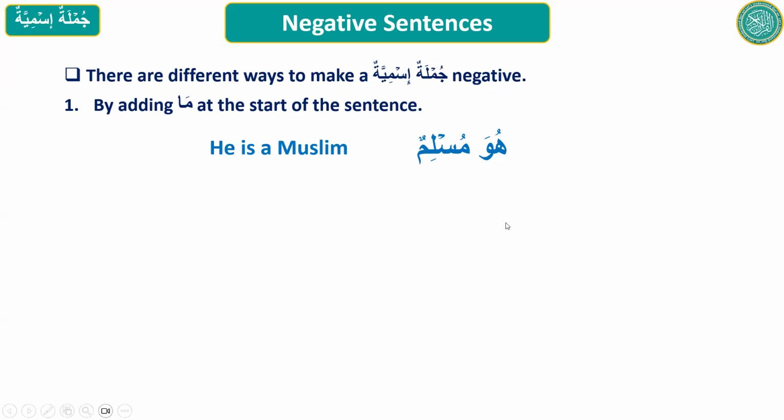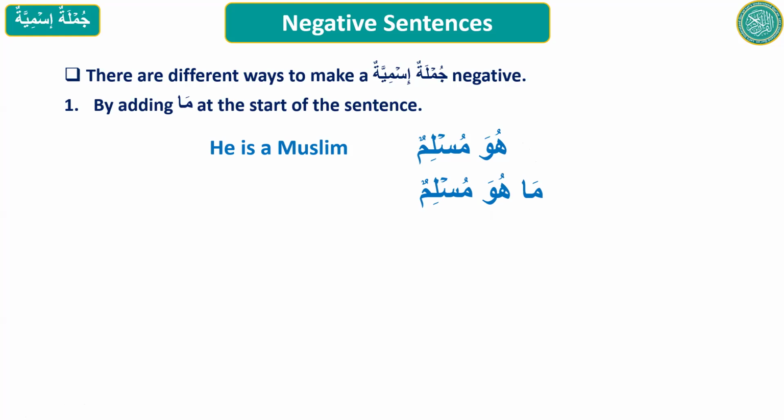I want to say he is not a Muslim in Arabic. So I add a ma. Ma huwa muslimun. So it should mean he is not a Muslim. If we go word by word, not he is a Muslim. In better English, he is not a Muslim.